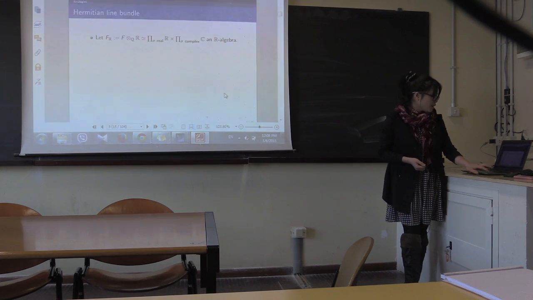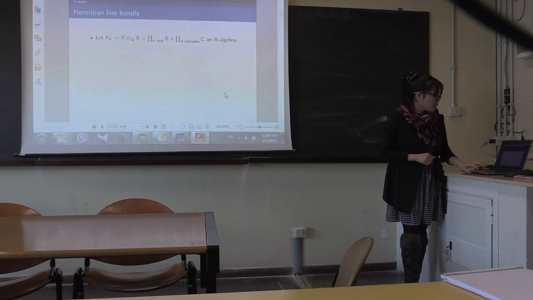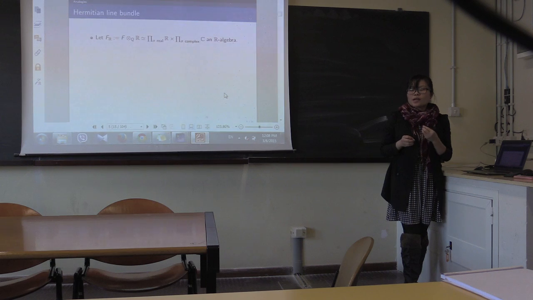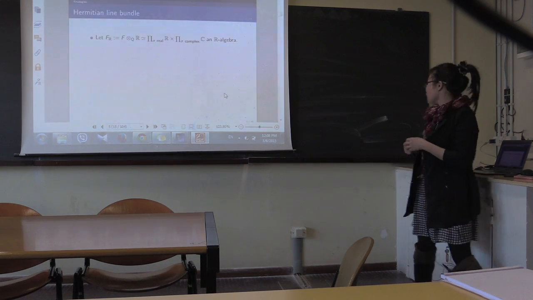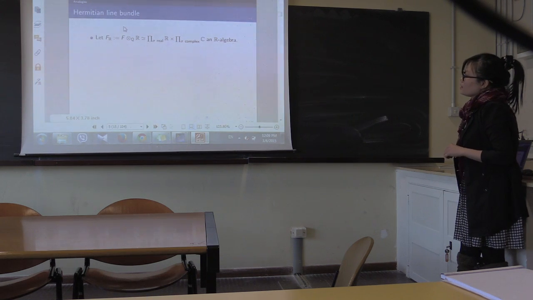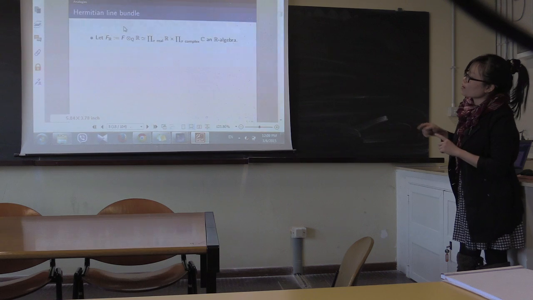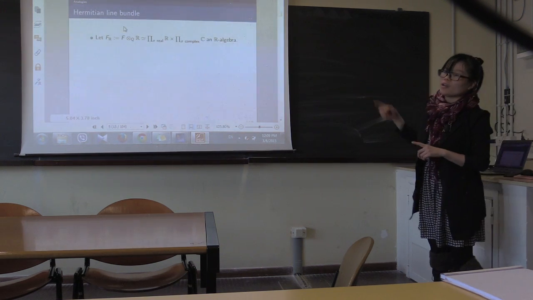The next part I would like to introduce is the Hermitian line bundle associated to a Hatranphd divisor. Let me recall FR. This is defined by the tensor product of F and R over Q. Then it is isomorphic to this R-algebra.